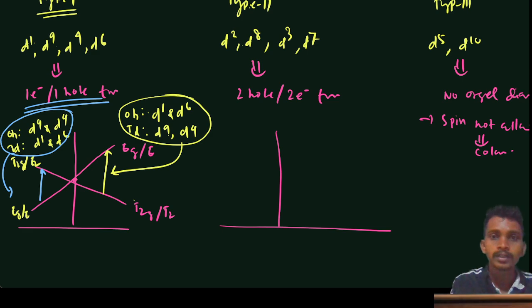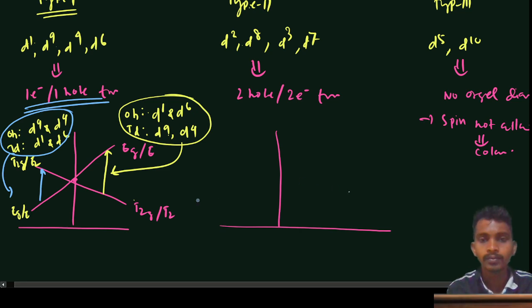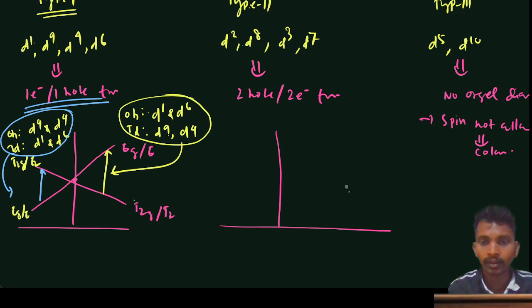For type 2, what you see here is T1 and T2 first, and this is A2.